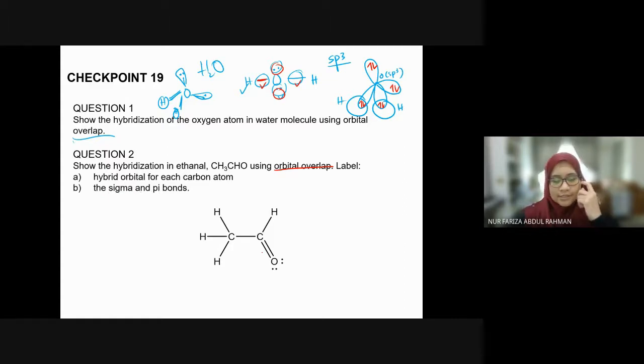Alright, okay guys. As you can see, we have 2 central atoms, C1 and C2. And this second central atom forms a double bond with the oxygen. Of course, these 2 central atoms will have their own hybridization.